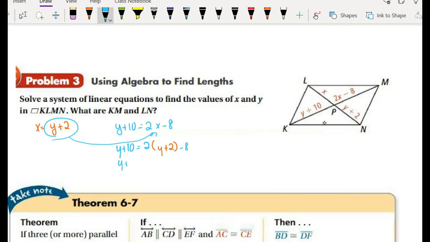Now I have y plus 10 is equal to 2y plus 4 minus 8. I'm going to combine 4 minus 8, so I get y plus 10 is equal to 2y minus 4.